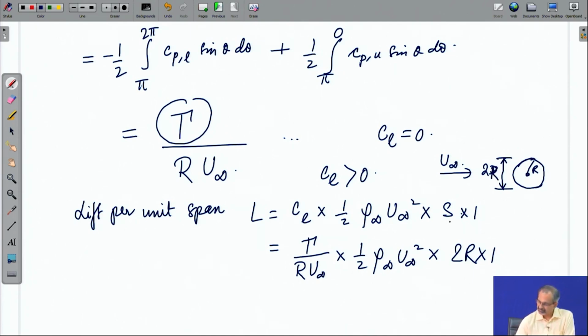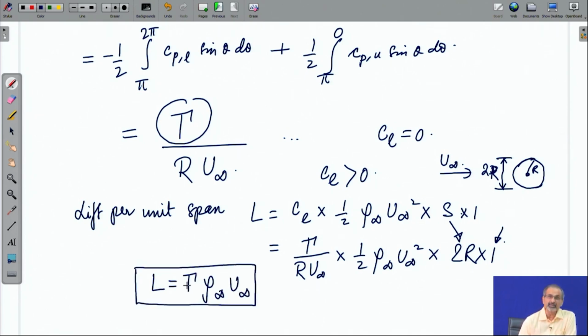That is why the S is written as 2r into unit span, which is perpendicular to the page, and this lift expression comes out to be gamma rho infinity u infinity. That means, the circulation times the density times the velocity of the free stream. This expression is called as the Kutta-Joukowski theorem.